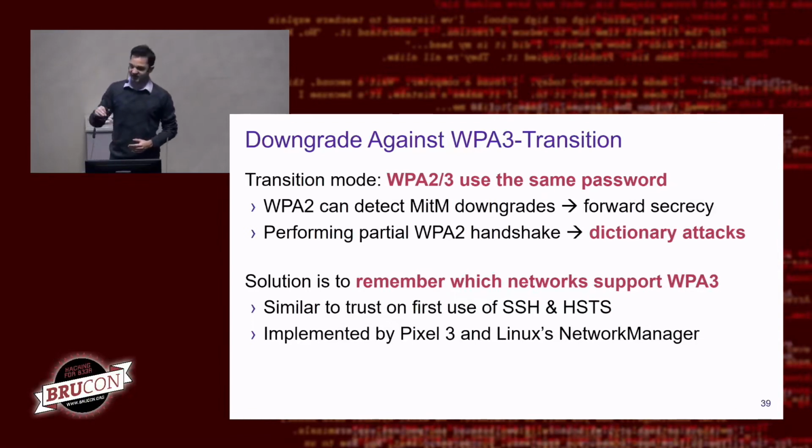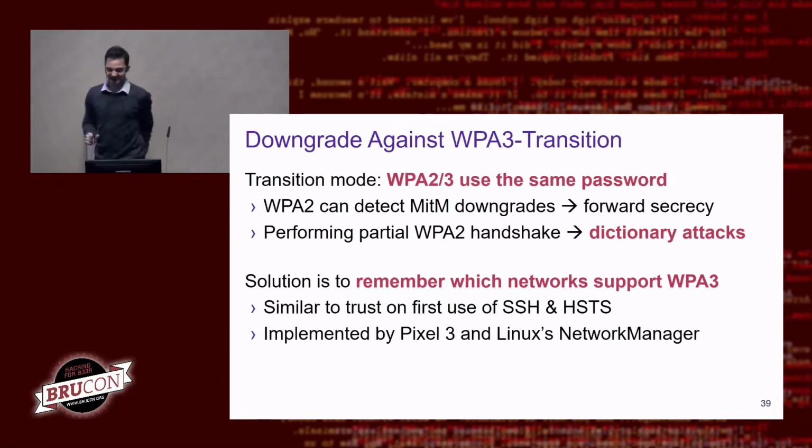So if you use the latest Linux distribution, then you will have this countermeasure. And the same is true if you use a Pixel 3 smartphone. In that case, it is also implementing this countermeasure where once you connect to a network that supports WPA3, it won't automatically downgrade to WPA2. Okay, so that covers downgrade attack number 1.